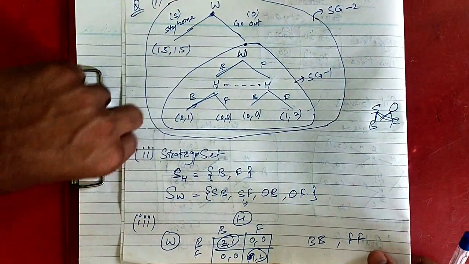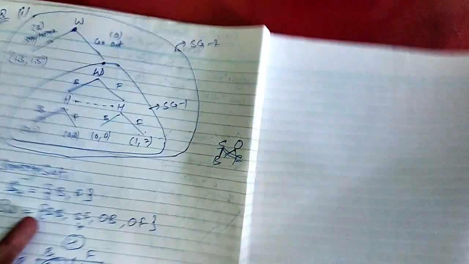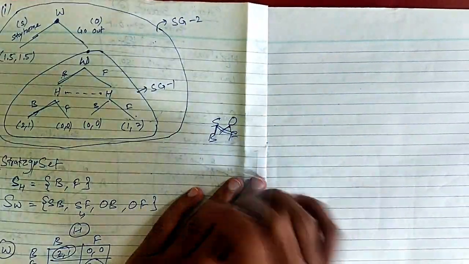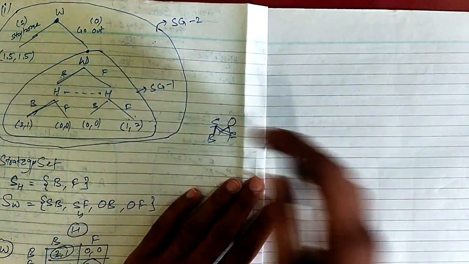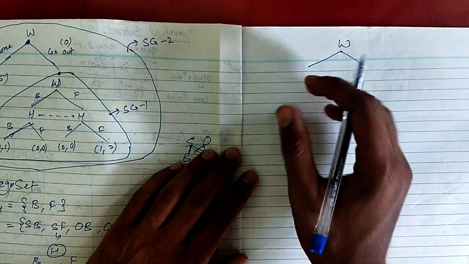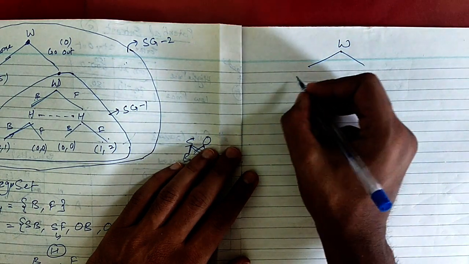So now we will move on to SG2. Now if you can see the game, I'm just showing you the game also. So if I draw a diagram from here, it will be modified as now.